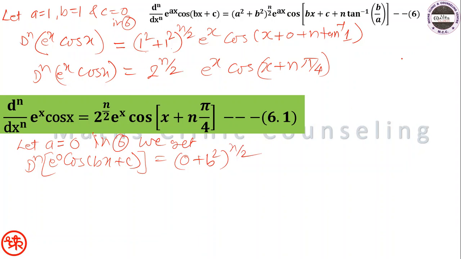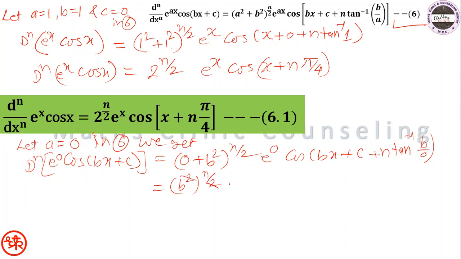Formula number 6 इसमें रख रहे हैं हम. We are substituting the values in this formula. Okay, and e to the power a is equal to 0, so 0, cos bx plus c plus n tan inverse of b by 0. Is that clear?